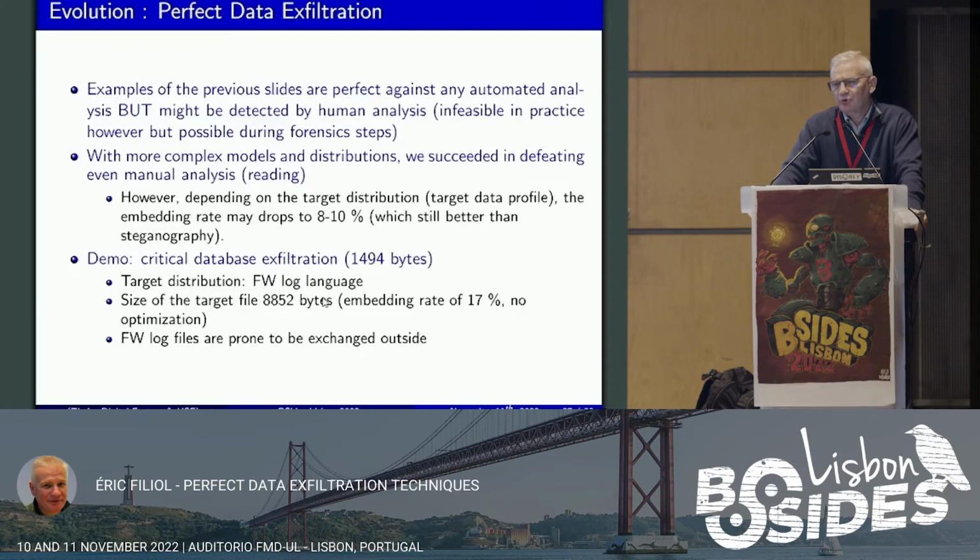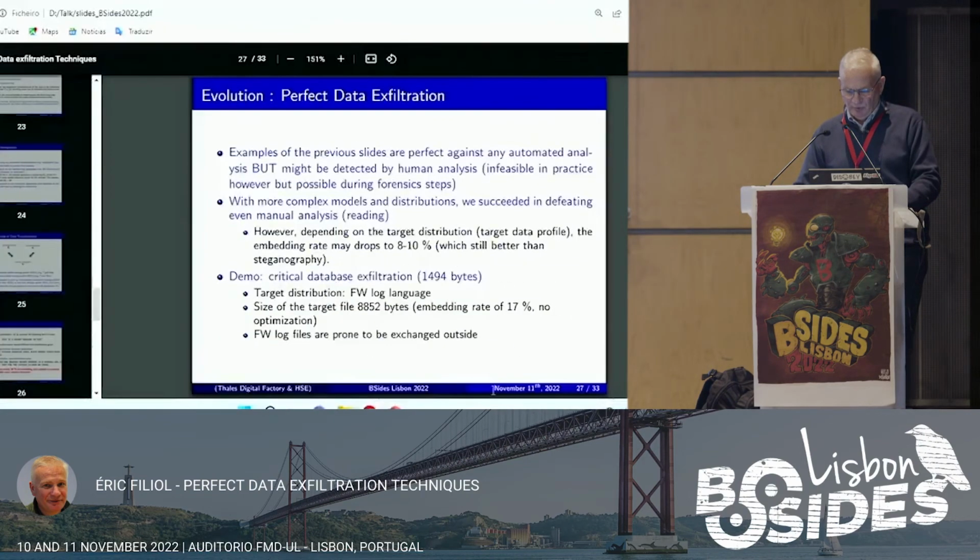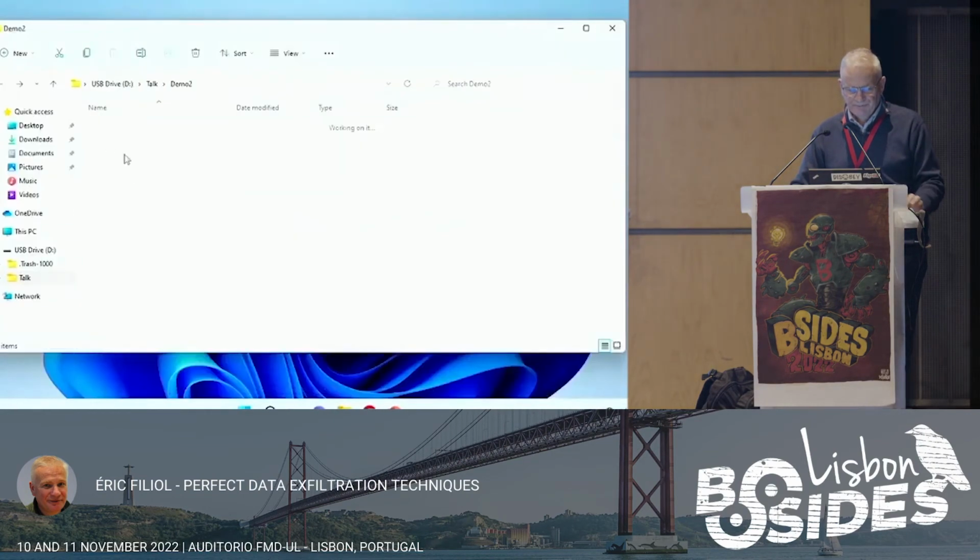And the target distribution was a firewall log, because generally firewall log exchanges are made more or less public. And it was possible to embed this in a file of nearly 9,000 bytes. So with an embedding rate of 70%.